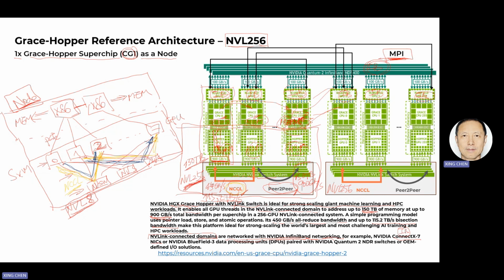Now, NVL 256 is quite a huge system. It's one extreme; the other extreme is NVL 1. I haven't read any reports indicating that this NVL 256 solution has been shipped to any customer.